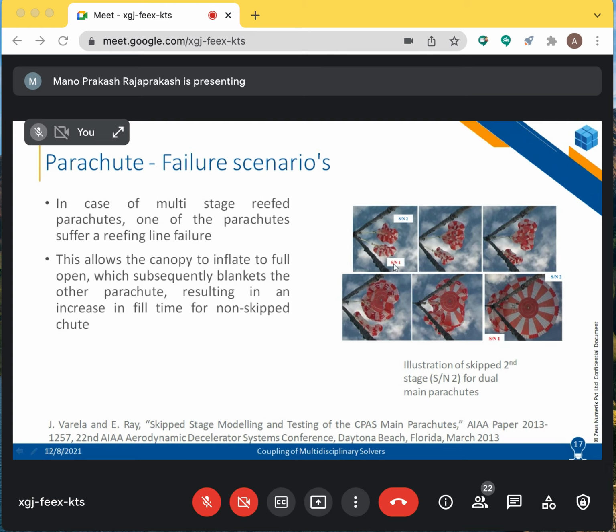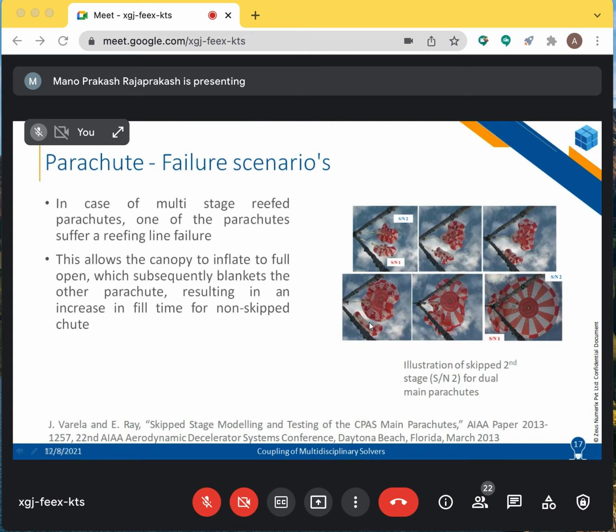One is denoted as serial number 1, another as serial number 2. In these images, we can see that serial number 1 continues to be in the same state, whereas serial number 2 has started inflating. That's what you can see.